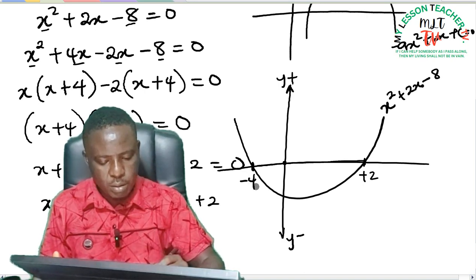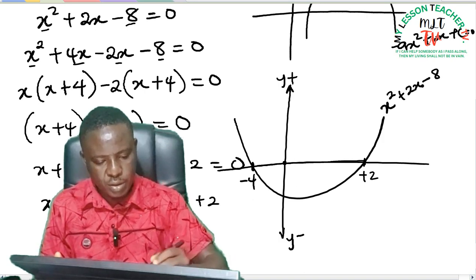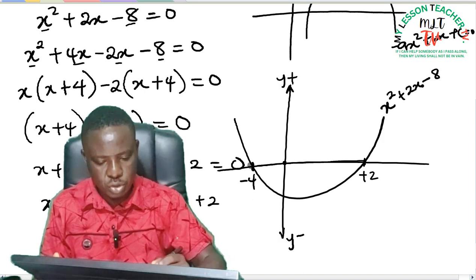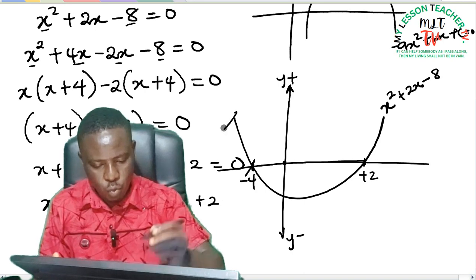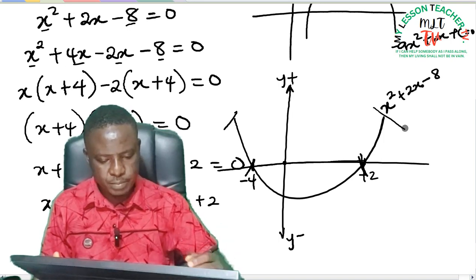This intercept divides this parabola into three regions. You have this as region 1, while from here to this other place is region 2, and here to here is region 3.